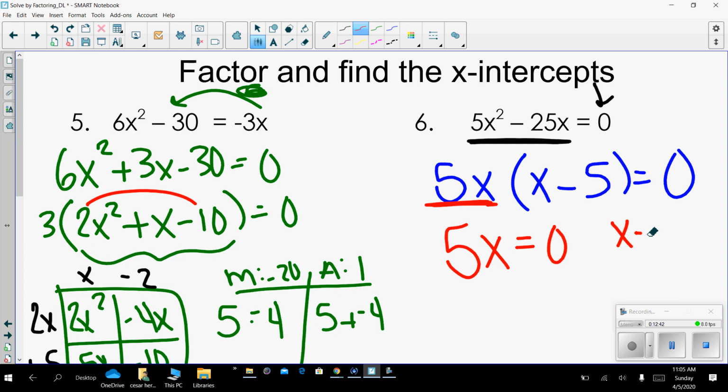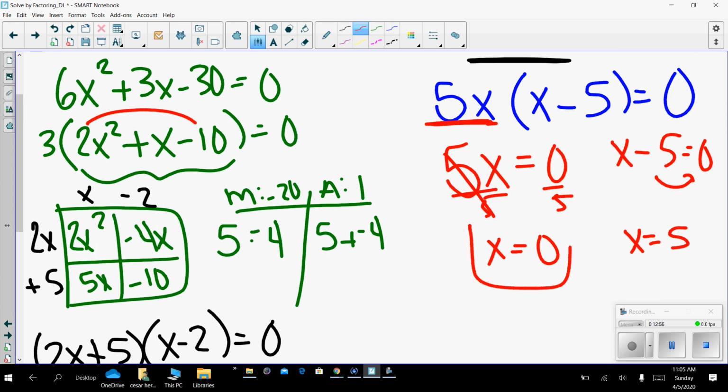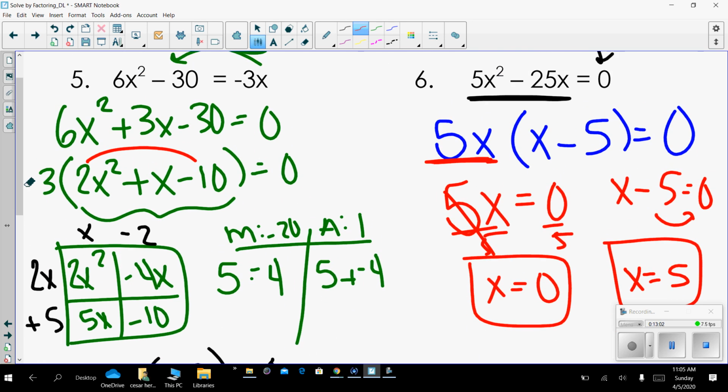And then you have x minus 5 is equal to 0. So when I solve, if I divide this one by 5, no matter what, it's still 0. And this one, when we move the 5 over by adding, we end up with a 5. Okay? Okay, perfect.